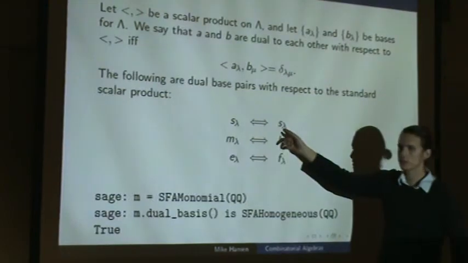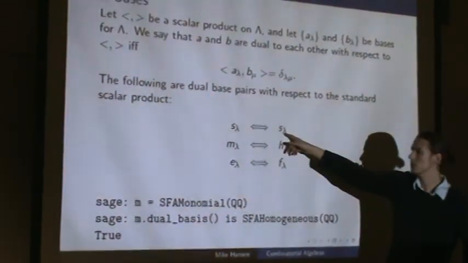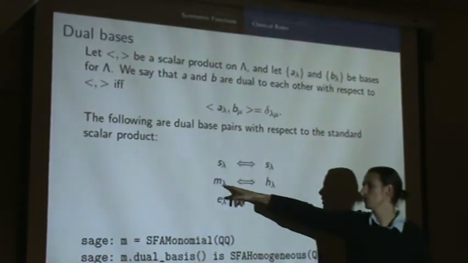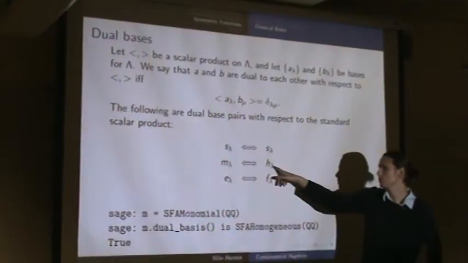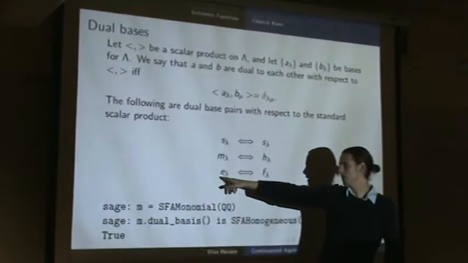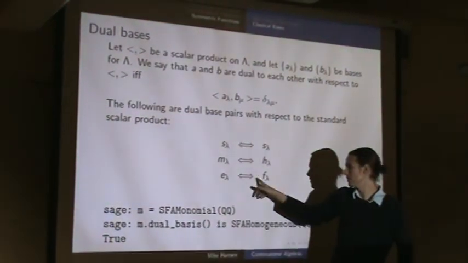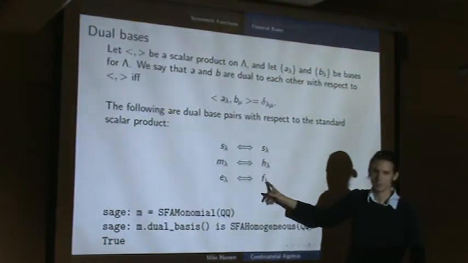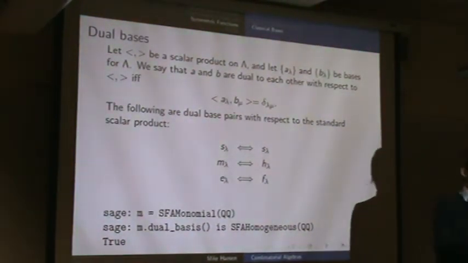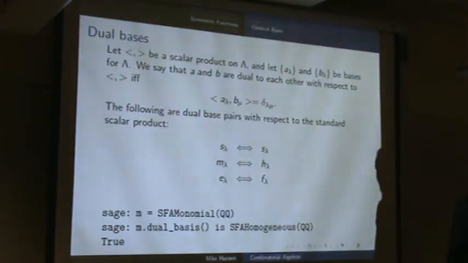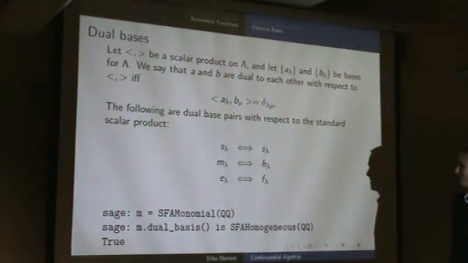So the Schubert symmetric functions are dual to themselves. The monomial symmetric functions are dual to the homogeneous ones, and the elementary symmetric functions are dual to these things known as the forgotten symmetric functions. And they're called forgotten because no one ever works with them or talks about them.